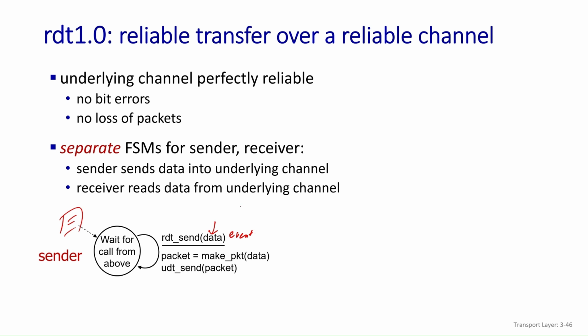So the event is rdt_send: when an application process has to send some data, this method is called. This event takes place, and what are the actions that we need to perform? We'll take this data and make a packet. And now this packet needs to be passed to, remember, udt_send, for onward transmission to the unreliable channel.